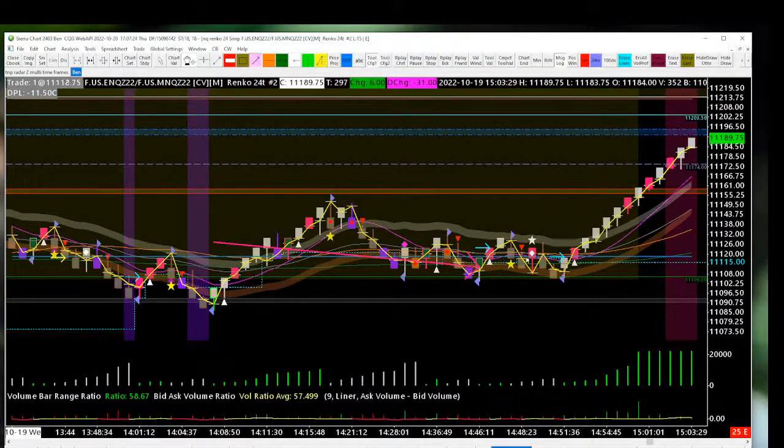And so that's a long, and those work a lot. So I'm going to take most of those as long as it's not unidirectional momentum. If it looks choppy or balanced or anything like that, I would take those.